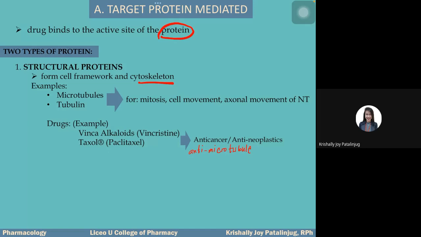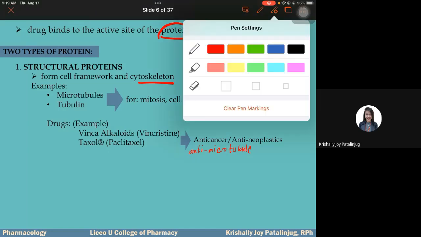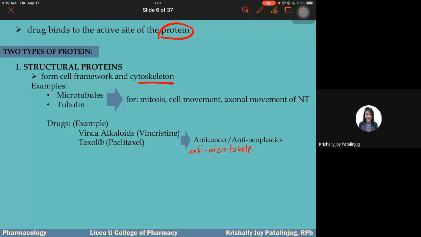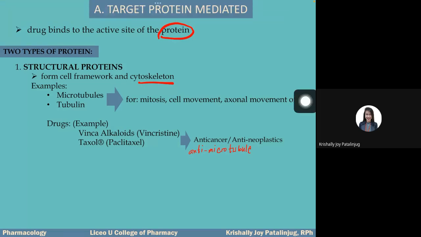What's the relationship between targeting microtubule to its anti-cancer effect? Let me give an overview. So, this is just a quick review on the characteristic of a cancer cell. Recall that cancer cells like to divide.